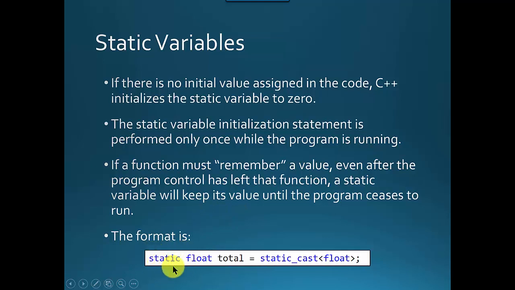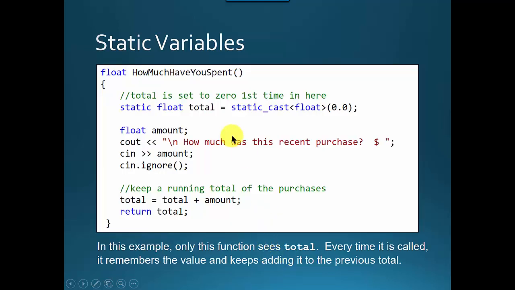So if we say static float total equals some value, this variable will stay in memory even after we exit a function. Here we have a function, and it declares a variable inside called total. We have static cast float, and we have its starting value.